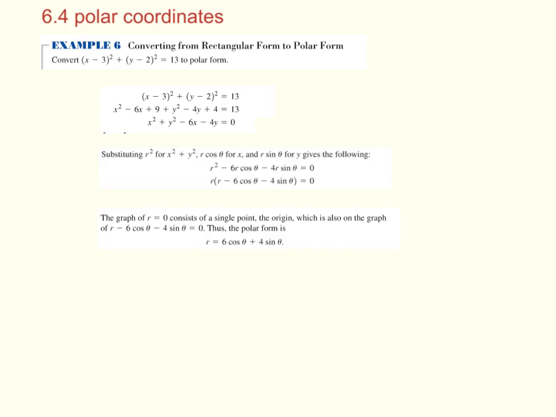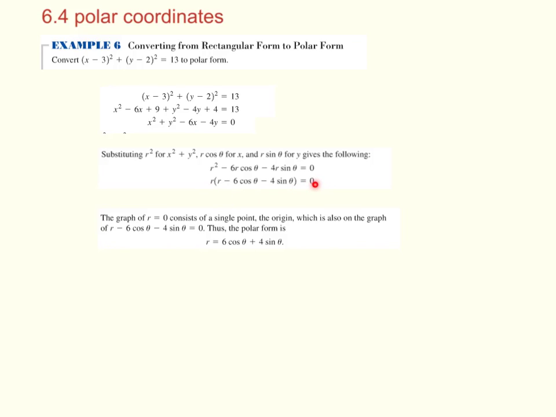Knowing that we have r times r minus 6 cosine theta minus 4 sine theta, we know that this is two terms. The term in the parentheses and the r outside of the parentheses, and the product of those two things equals 0.